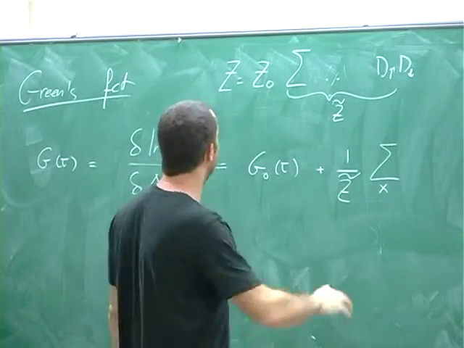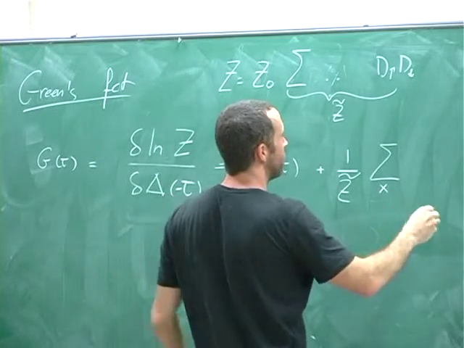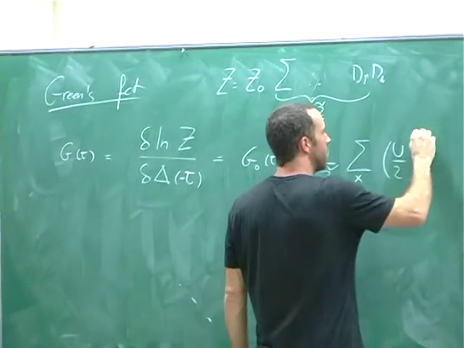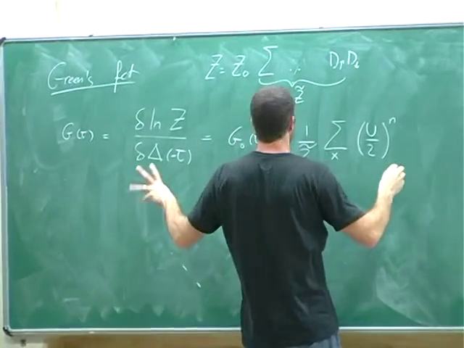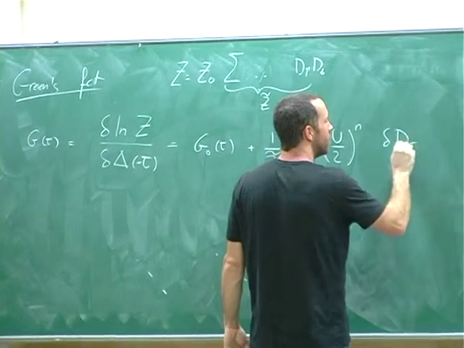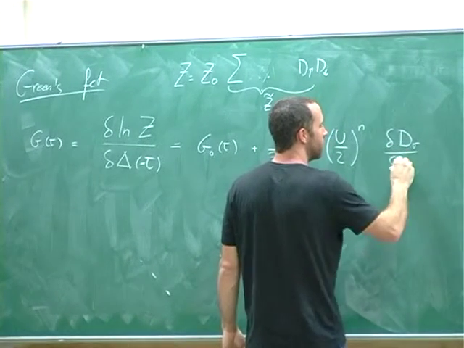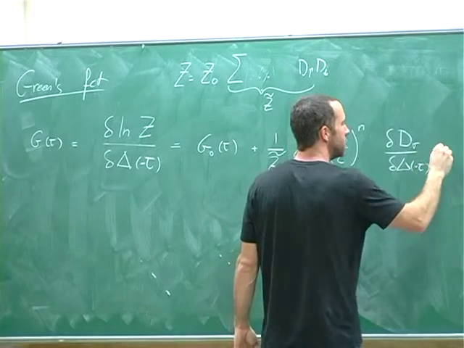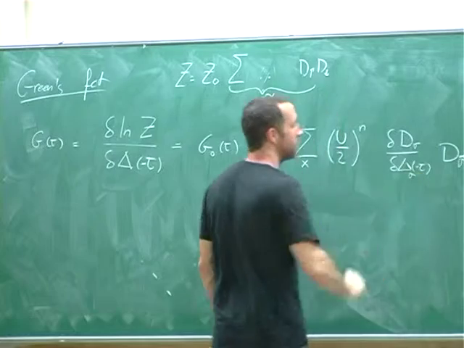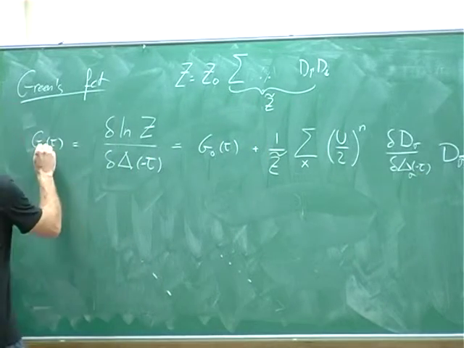Then I have to insert my derivative. So U over 2 to the power n doesn't change. Basically, I'll have to compute the functional derivative of my determinant with respect to delta of minus tau. And there will be my other determinant, which is for a different spin. I should have put a spin index here.